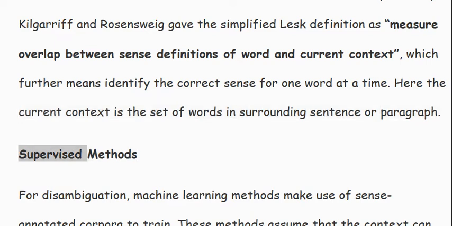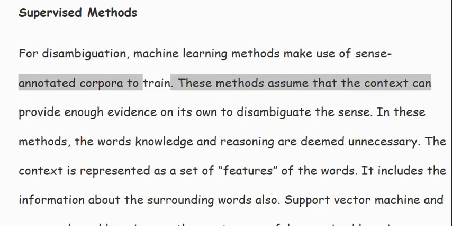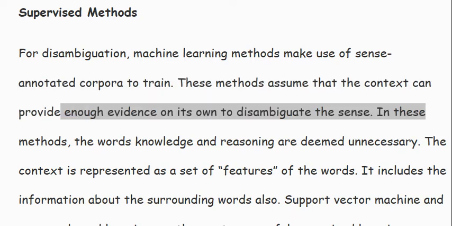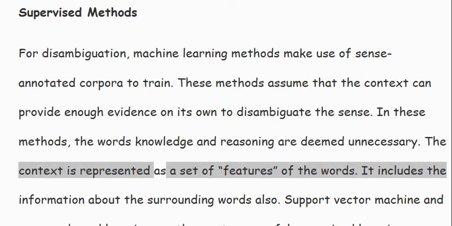Supervised methods. For disambiguation, machine learning methods make use of sense-annotated corpora to train. These methods assume that the context can provide enough evidence on its own to disambiguate the sense. In these methods, world knowledge and reasoning are deemed unnecessary. The context is represented as a set of features of the words.